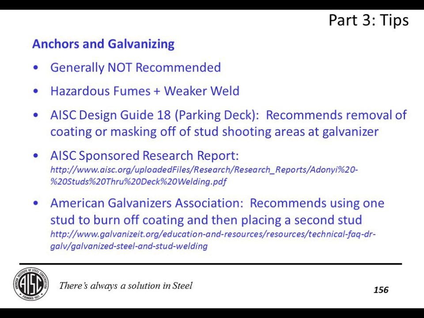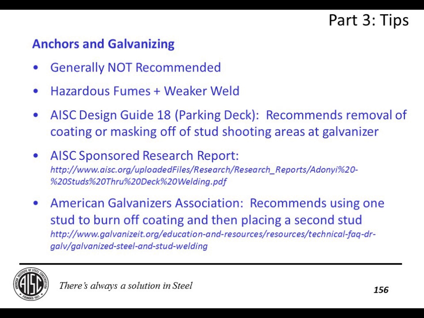One note, if you ever run into the situation where you have to deal with welding shear studs to a galvanized beam, it's generally not recommended because it creates some hazardous fumes and some inclusions in the weld. AISC Design Guide 18 recommends that you actually remove the affected coating, or you mask off these areas at the galvanizer. AISC's done a bunch of research on it.